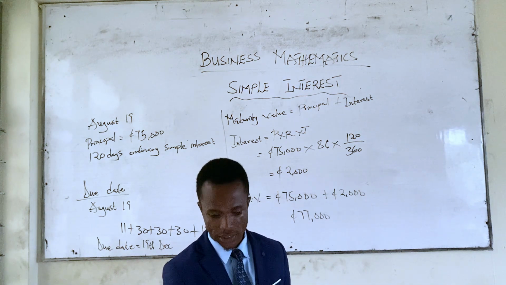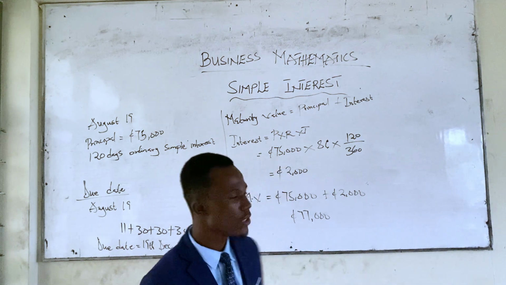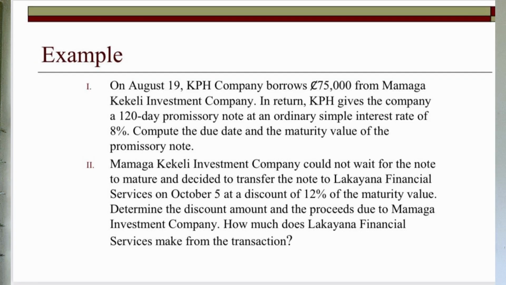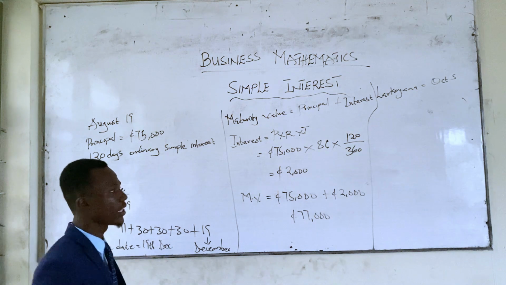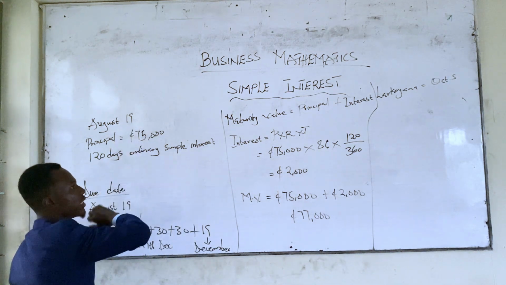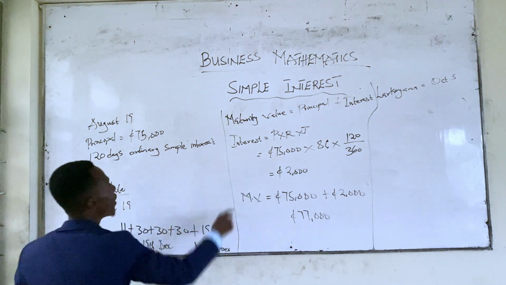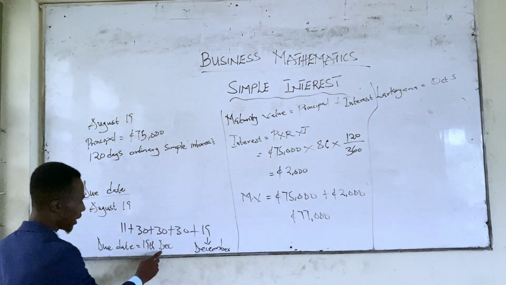So Lakayana Financial Services on October 5th. It means they took over the note on October 5th. So when they are calculating their terms, they are not going to start from August 19th, but from October 5th to the due date.